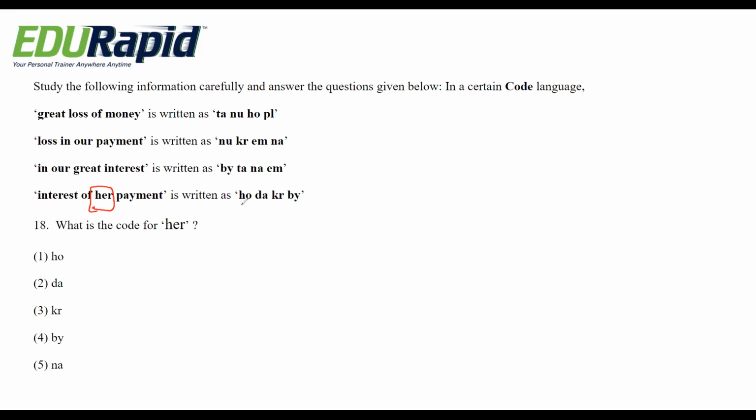HO is present in the first sentence. DA is not present anywhere. KR is present in the second sentence, and BY is present in the third sentence. So we can conclude that DA is the code for her. Option 2 is the right answer.